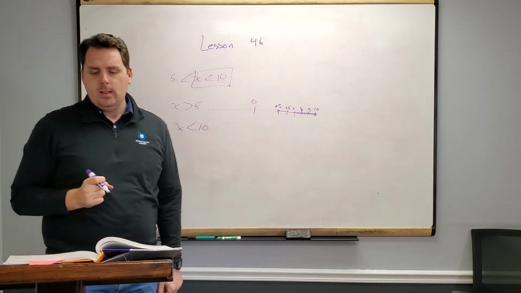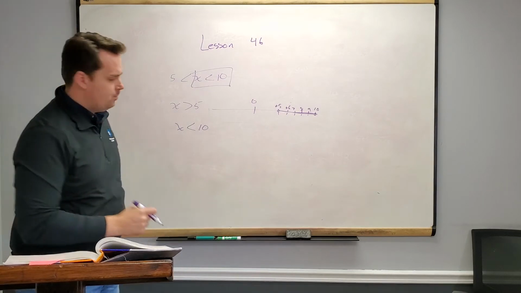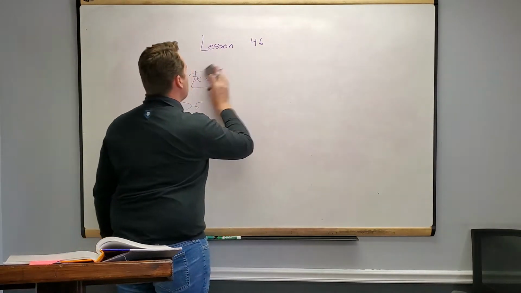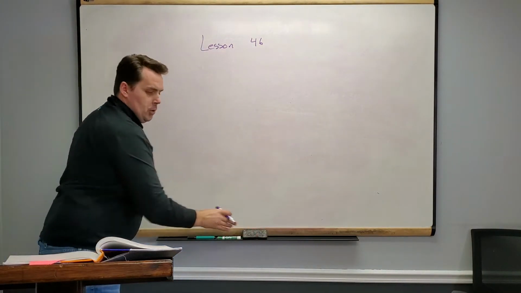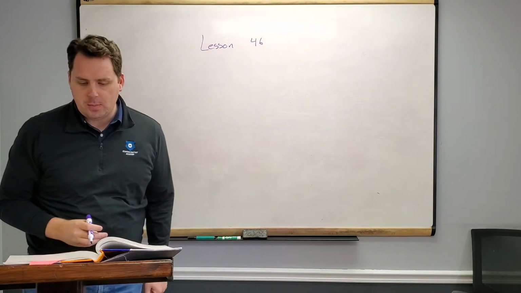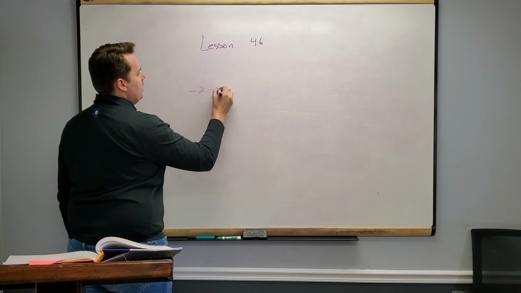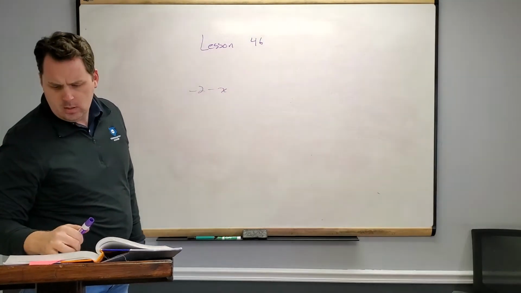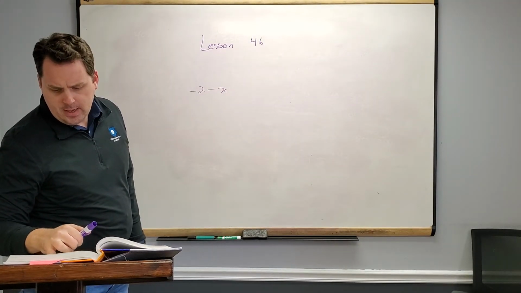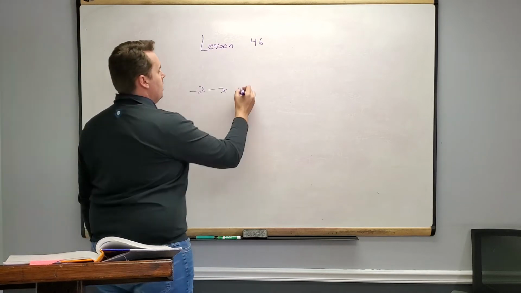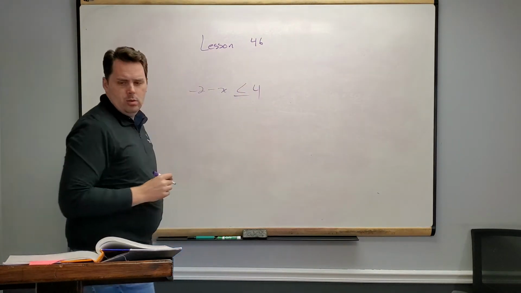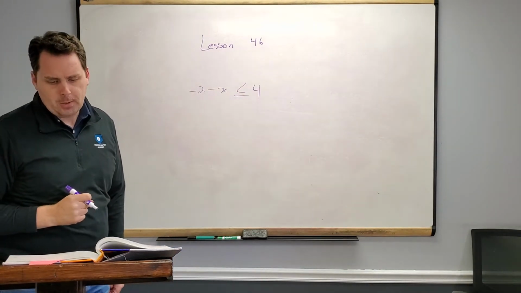Okay? Let's take a look at 46.2. 46.2 says, draw the number line and graph the solution. -2 less than x, and less than or equal to 4. Okay?